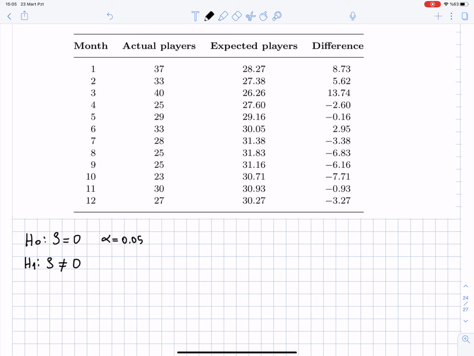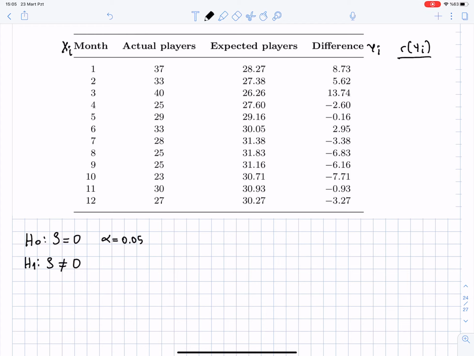So the months are already in ranking position, so no need to rank the months. Let's have the months, assign it as xi. This is the rank, equal to its value. And we are dealing with the difference, so we need the yi and the ranking of yi.